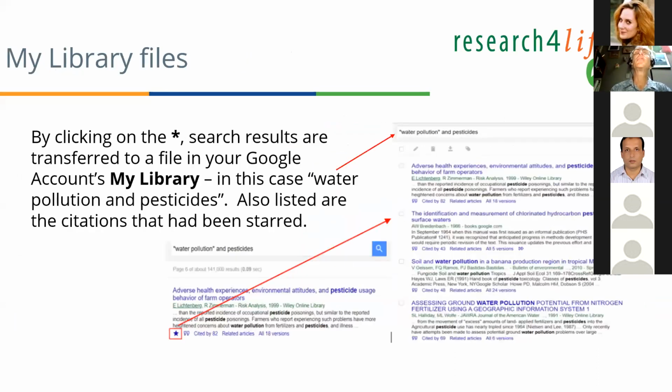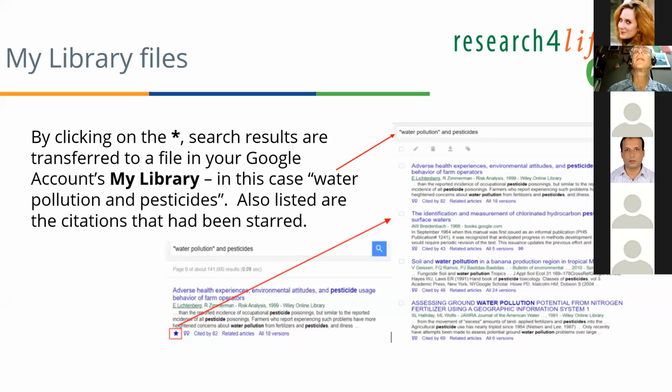For each citation, there will be a little star. If you have a library set up and you have an account in a library set up, you can create a file for water pollution and pesticides. And when you click on the star, the citations go there so that you can look at them again, okay?